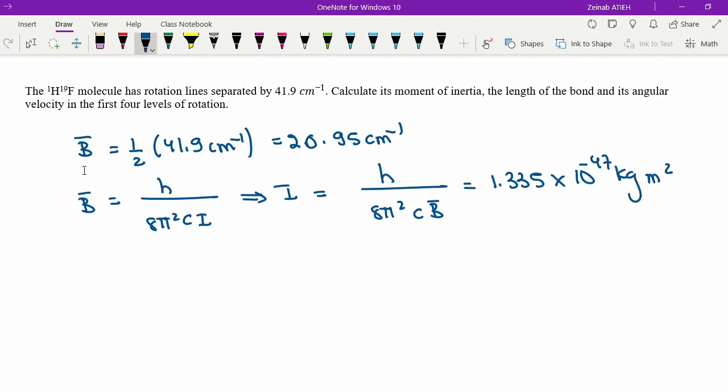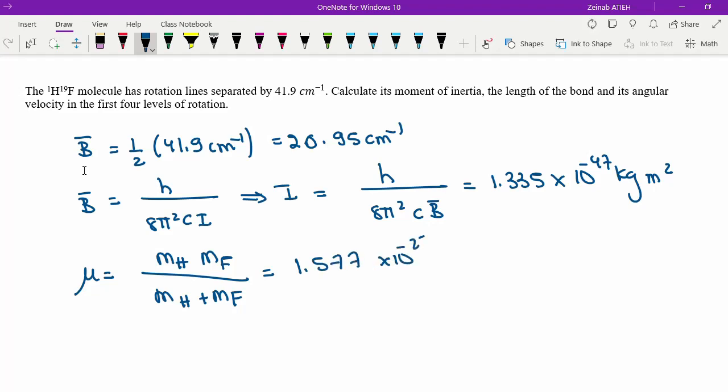Now we are looking for the bond length. To find the bond length, let's find first mu, because I is equal to mu r squared, so we have to find first mu, the reduced mass. And mu is equal to the mass of H times mass of F, divided by mass of H plus mass of F. In your calculations, you will get 1.577 times 10 to the power minus 27 kilogram.